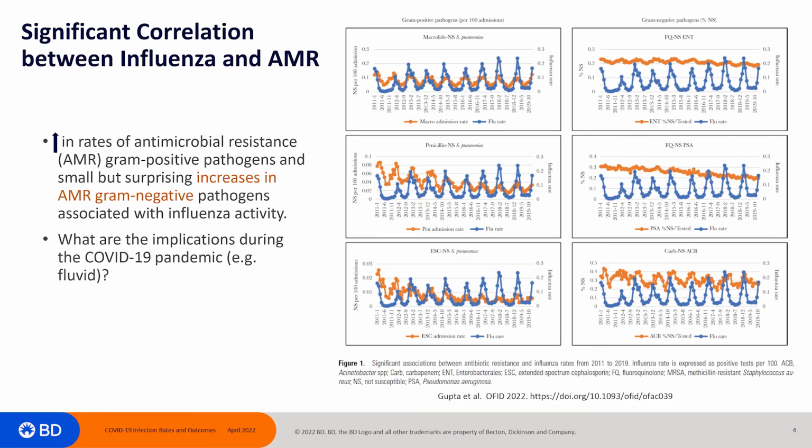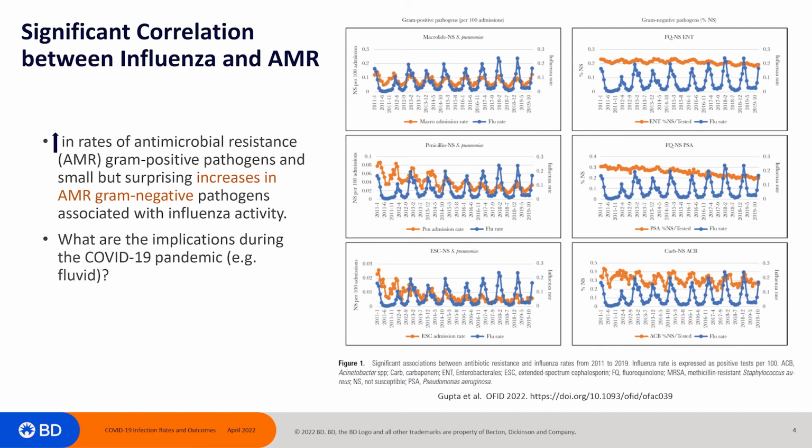But before we dive into the data looking at results during the COVID pandemic period, we did some initial analyses to see what the data looks like with other viruses. So here, what we did is look at evaluating antimicrobial resistance with influenza.